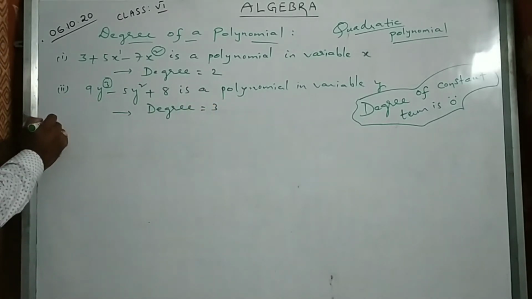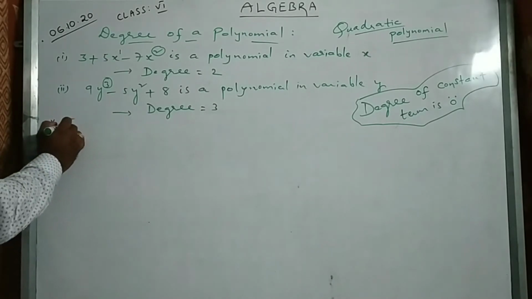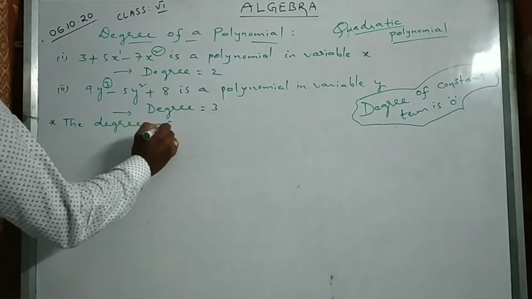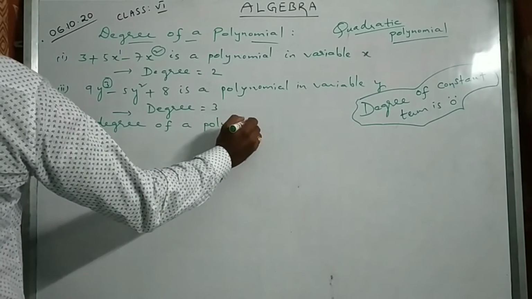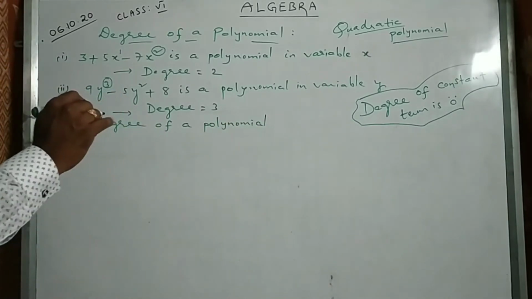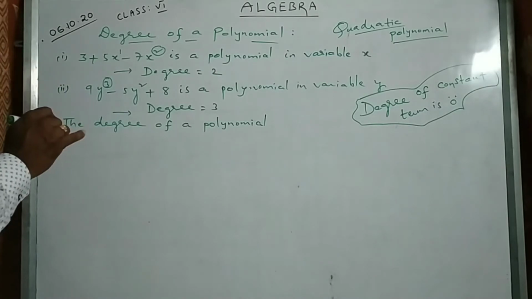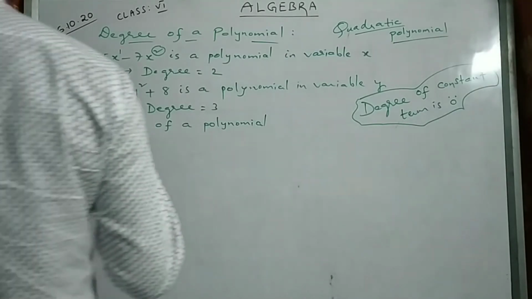So I will write the definition here. The degree of a polynomial. Simple here. Find out the variable. Highest variable degree. Degree means highest variable degree is called the degree of the polynomial.